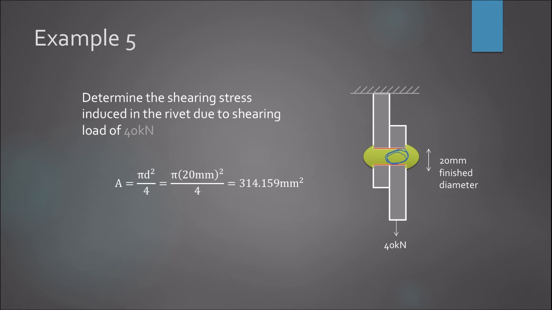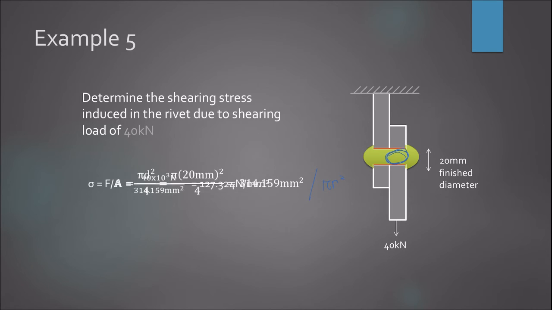Okay, jadi masukkan saja, sama je cara dia, pi d square over 4 ataupun you can use pi r square, and masukkanlah value dia. You akan dapat 314.159. Dia sama je macam example number 3 sebab diameter dia sama 20 mm.